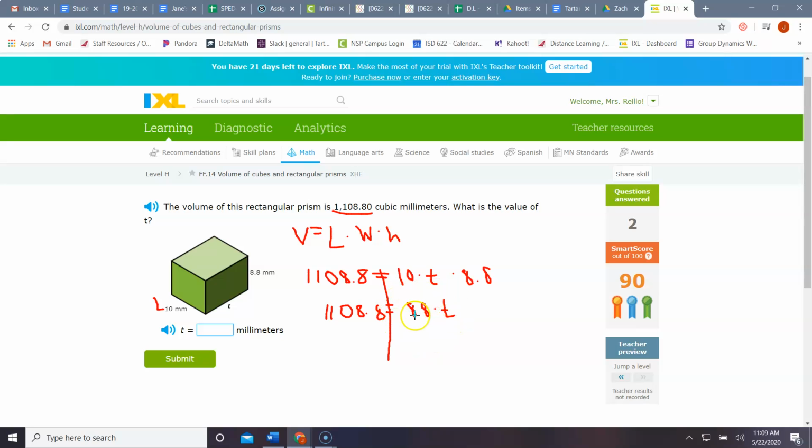Now all we have to do is divide both sides by 88. And we will end up with T is equal to, let me get my calculator, 12.6.